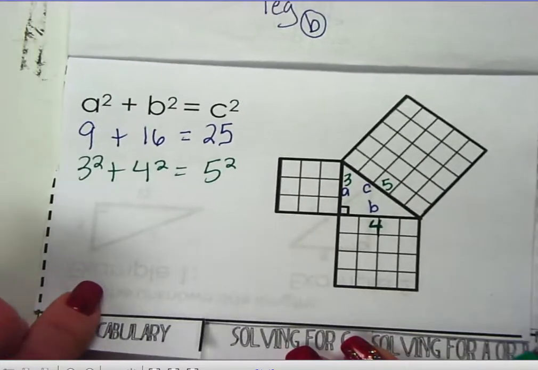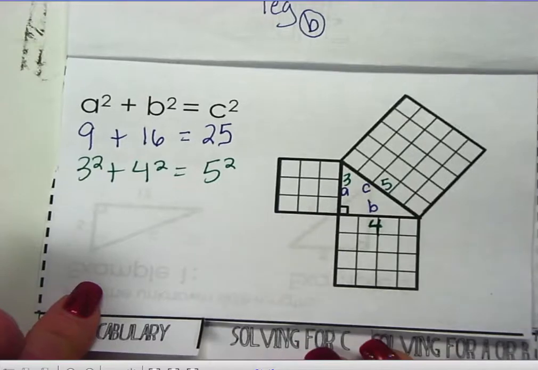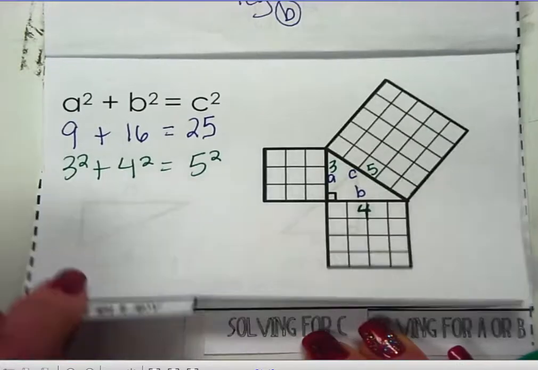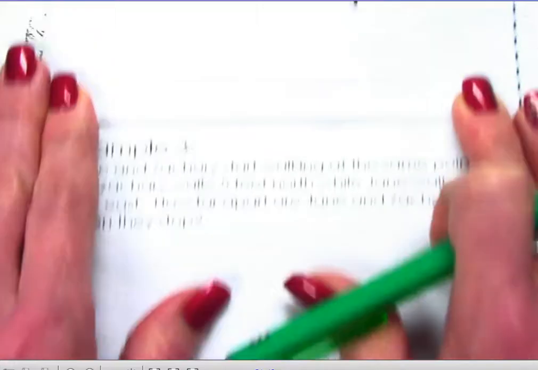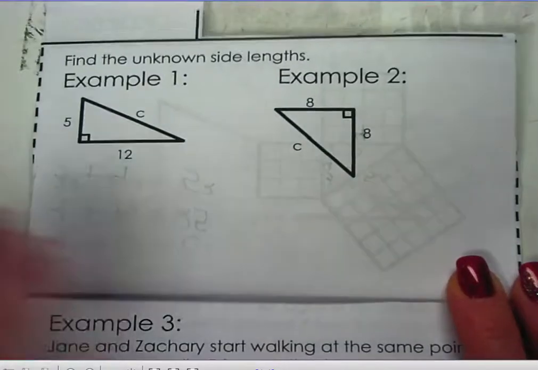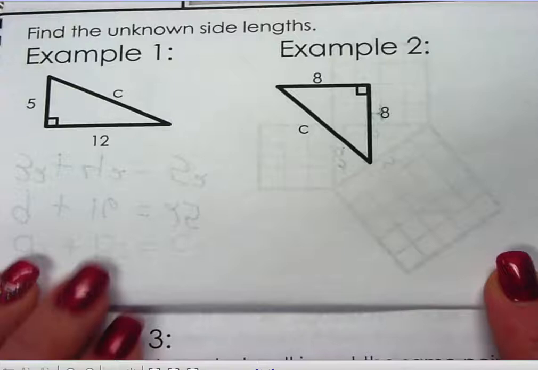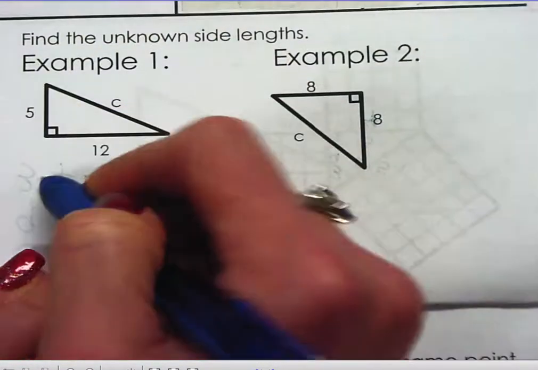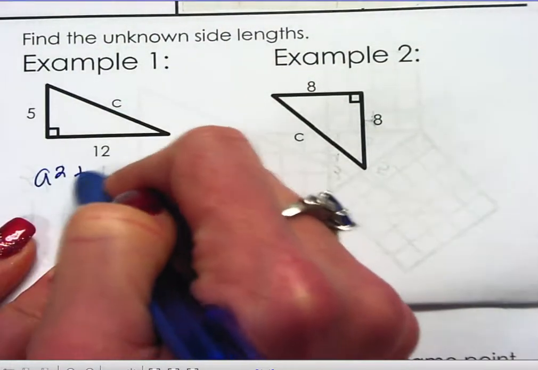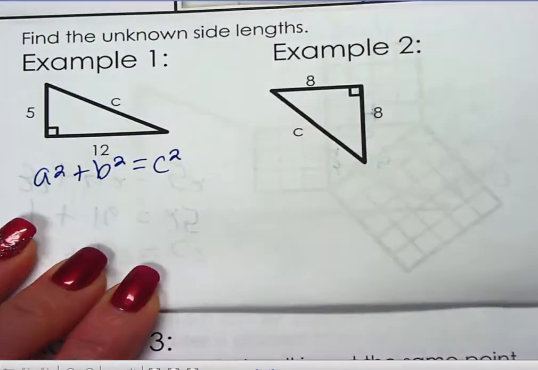So now that we're done with the vocabulary part, let's look at how we can use the Pythagorean theorem to solve for c. I have two examples here, example 1 and example 2, and I'm going to find the unknown side lengths. I'm going to write down my formula, the Pythagorean theorem, a squared plus b squared equals c squared, and plug in what I know.